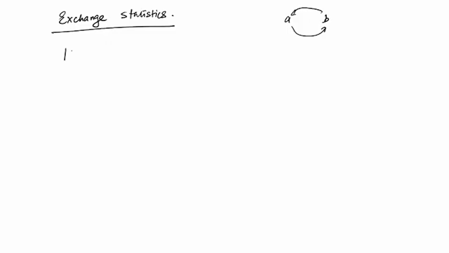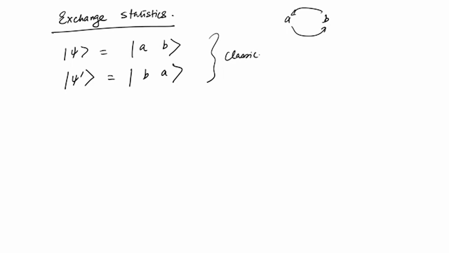And let us just try to put it with some symbols. So, we have say a wave function consisting of two particles, and we are able to write it with just a ket, say A B, and if we interchange the particles, this becomes B A, and it becomes a distinct state as far as classical mechanics is concerned. Even though you do not see a wave function, we are simply talking about a configuration in the PQ space or in the phase space.